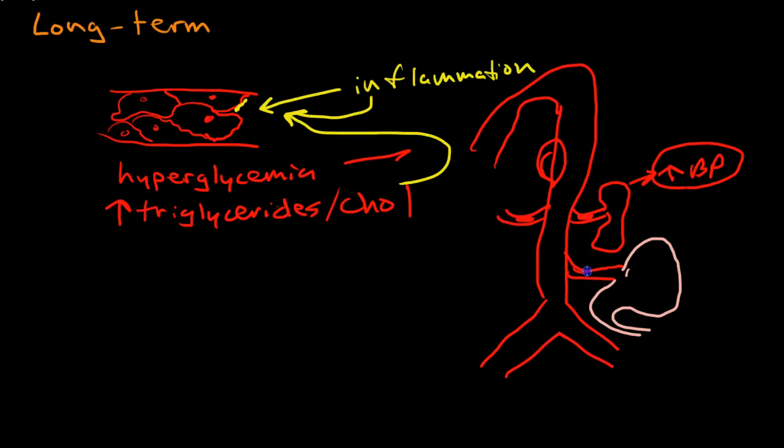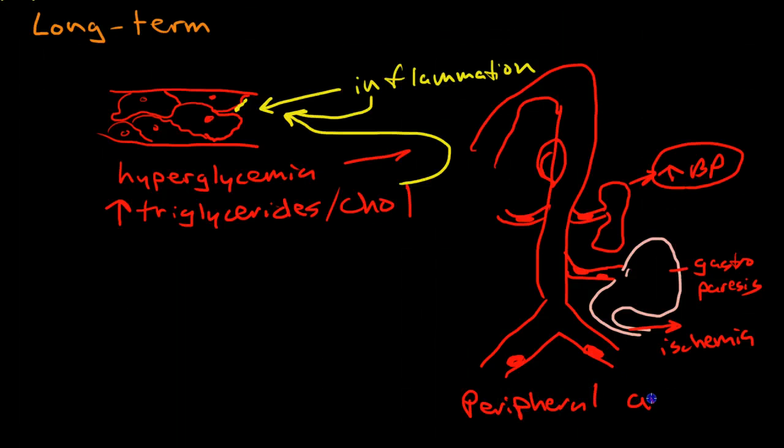It can cause atheromas to form in the arteries that feed the stomach and the gut, which can cause gastroparesis and mesenteric ischemia. It can clot off the femoral arteries or the more distal peripheral arteries and cause peripheral artery disease.